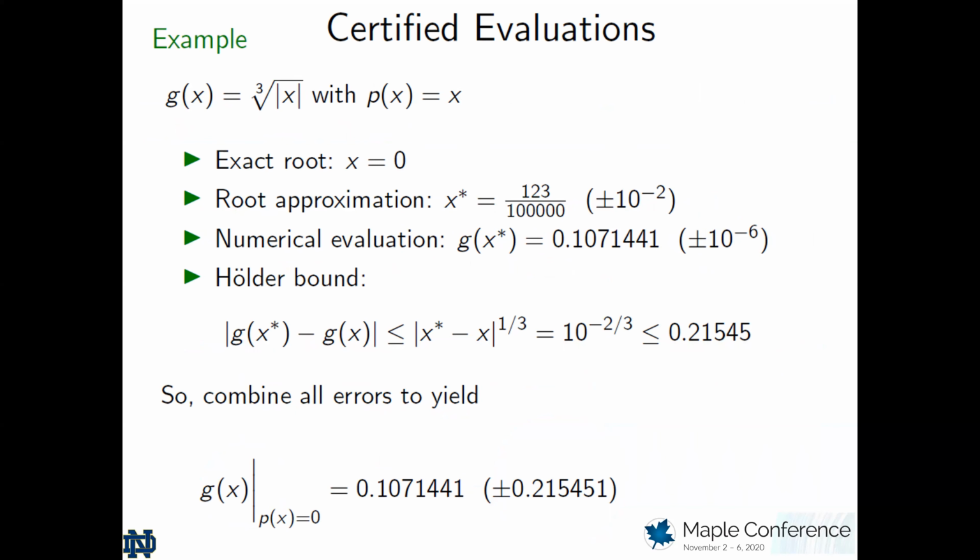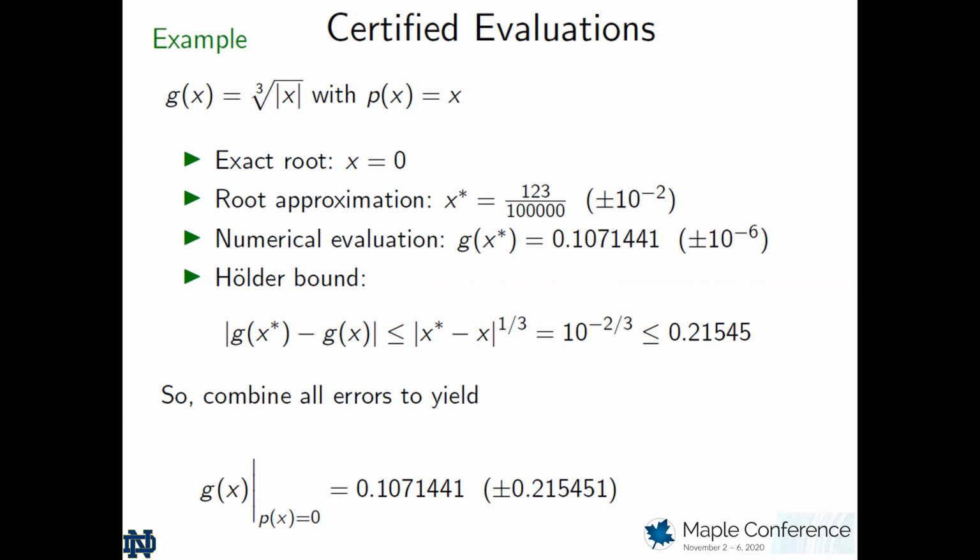And so let's look at a very simple illustrative example. Suppose we want to evaluate the cube root at the solutions of x equal to 0. Of course, the exact root is x equal to 0. But let's say for sake of illustration, we compute this approximation 123 over 100,000.